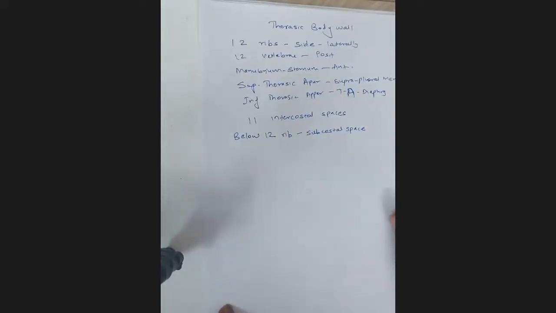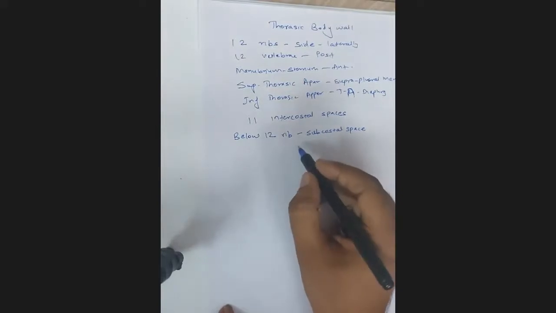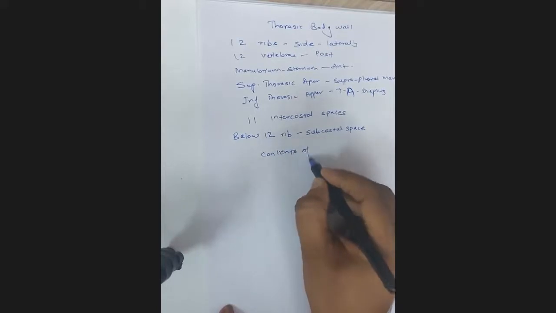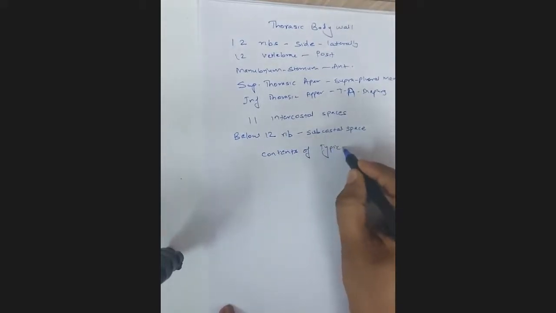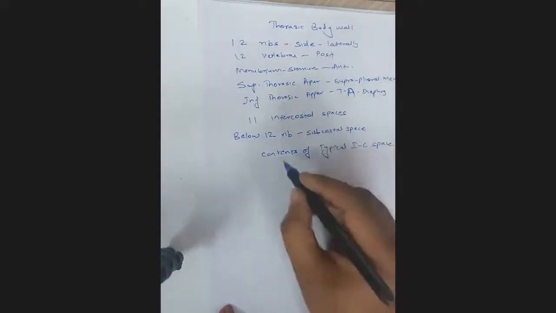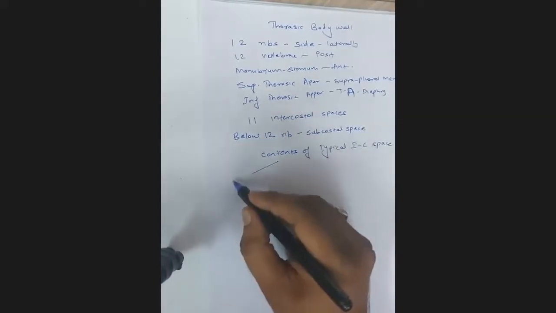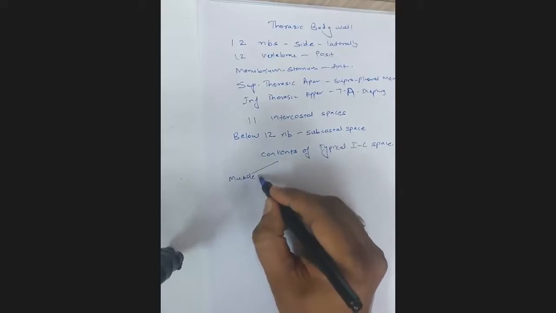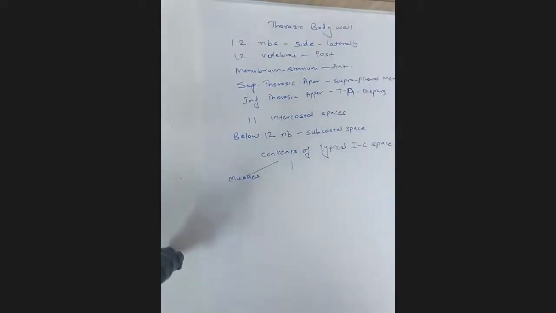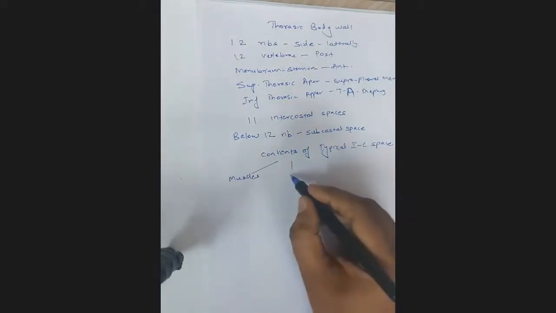So what is there in a typical intercostal space? What are the contents of a typical intercostal space? One, they are lined by muscles. Then each of it has an artery.